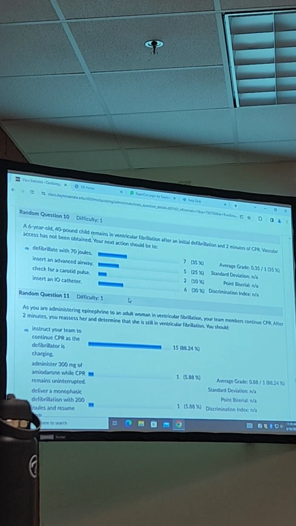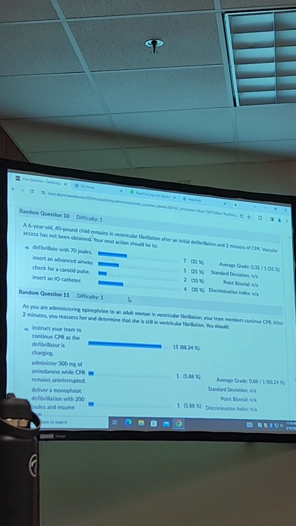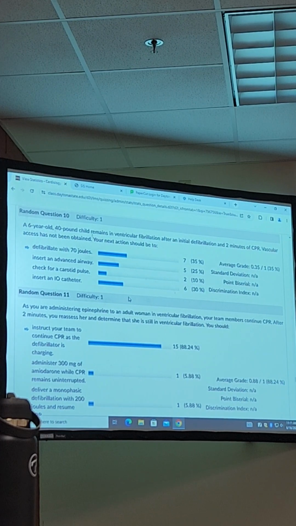Where does the 70 joules come from? The pediatric dose is 2 joules per kilogram for the first dose, because we haven't done peds yet. 4 joules per kilogram for the second dose. He's 40 pounds. How many kilograms? Let's just cut it in half, 20. It's going to be a little less than 20.